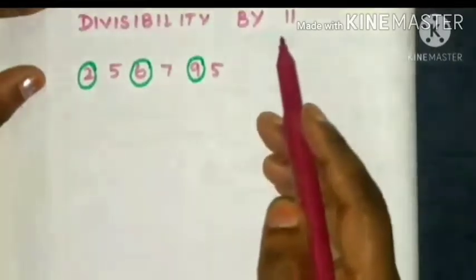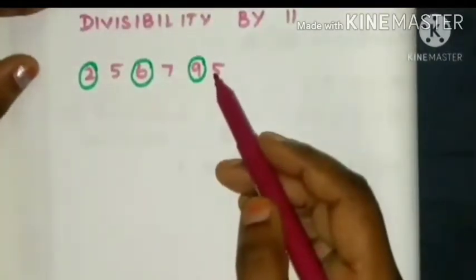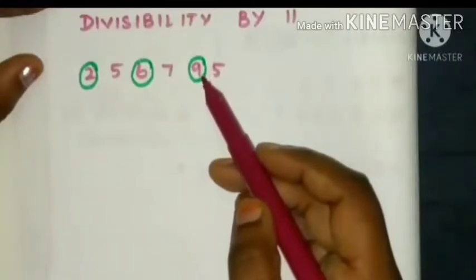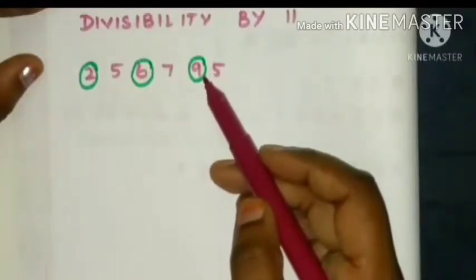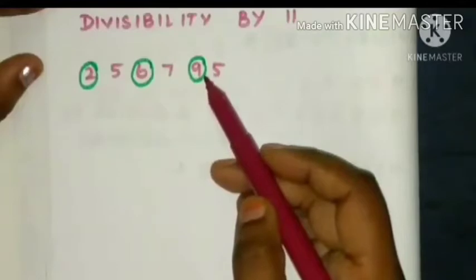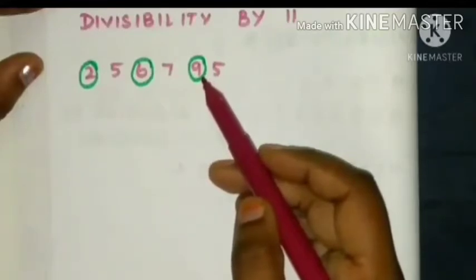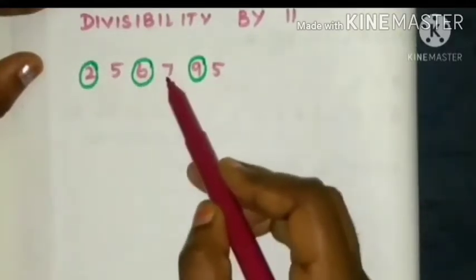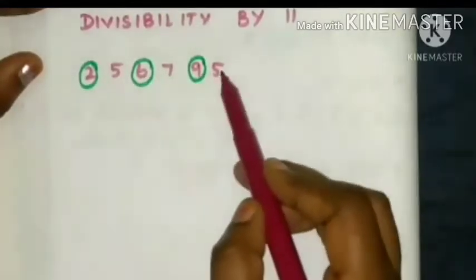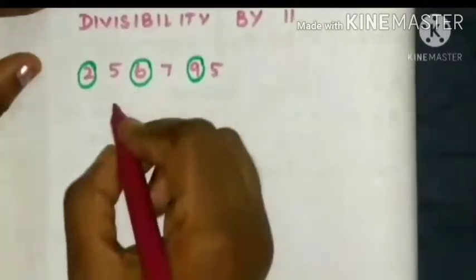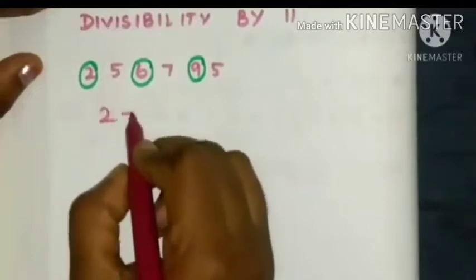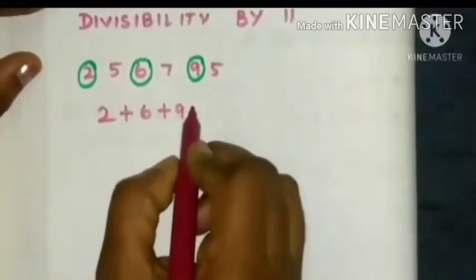Divisibility by 11. The rule for divisibility by 11 is a number is divisible by 11 if the difference between the sum of alternative digits of a number is either 0 or divisible by 11. The alternative digits are 2, then leave 5, 6, then leave 7, then 9, leave 5. First, let's find the sum of alternative digits. 2 plus 6 plus 9.